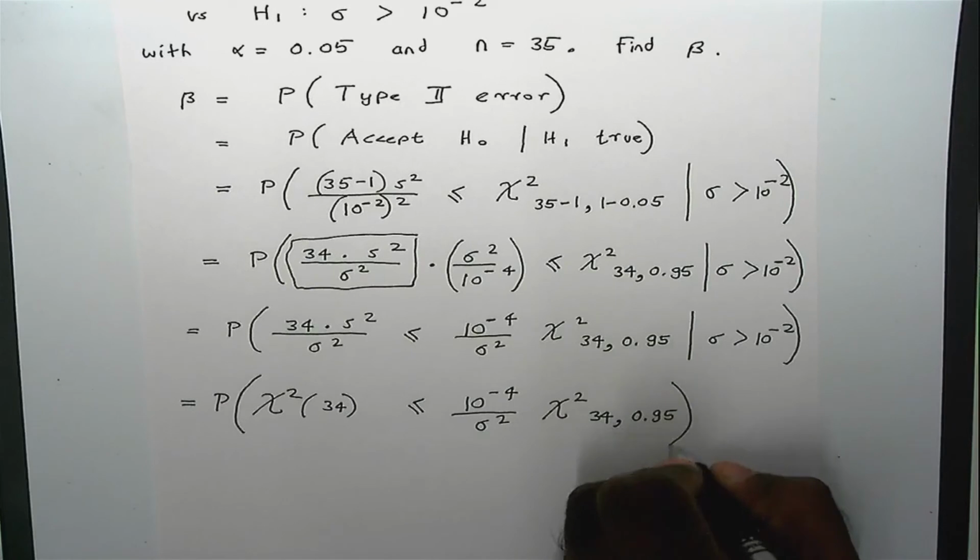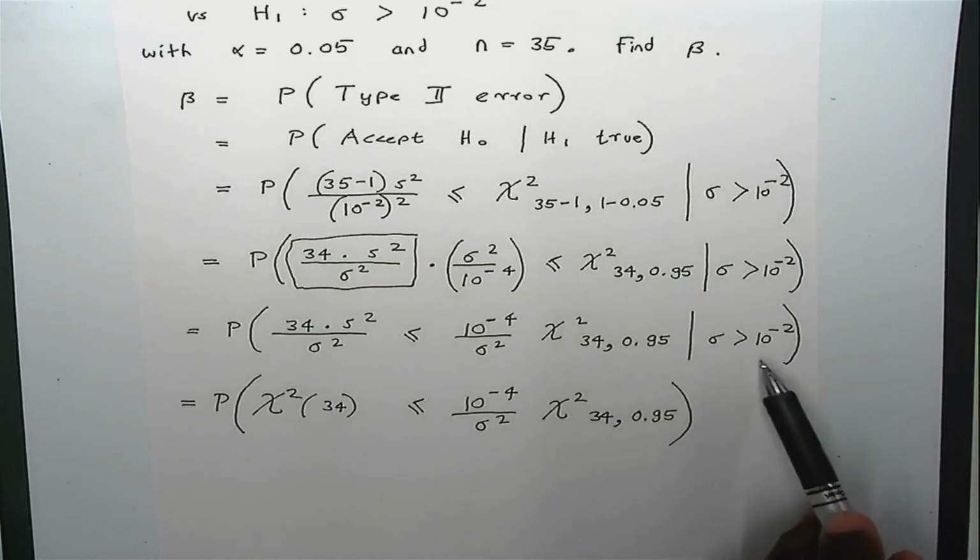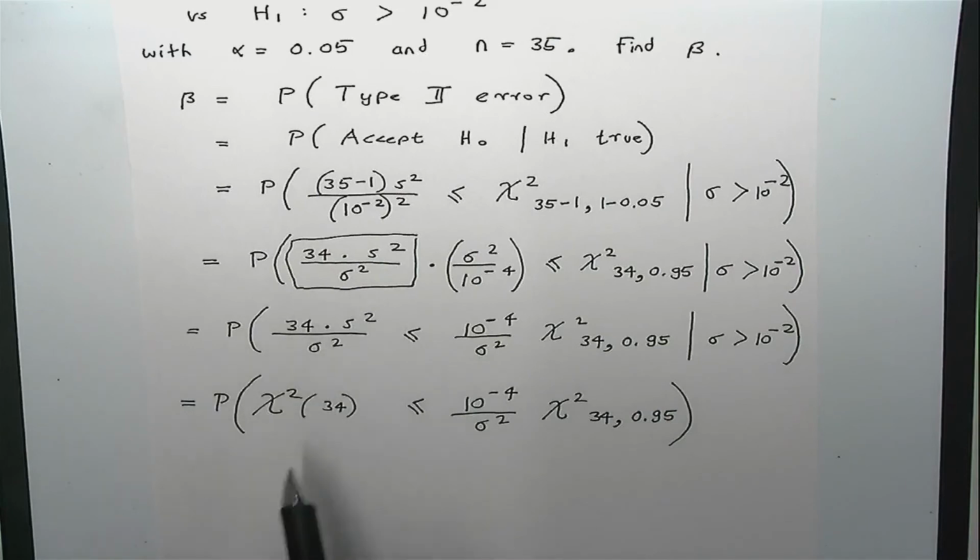So I don't need this conditioning anymore, because I used this conditioning to argue that this has the chi-squared distribution with 34 degrees of freedom.